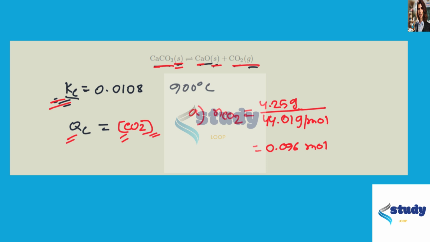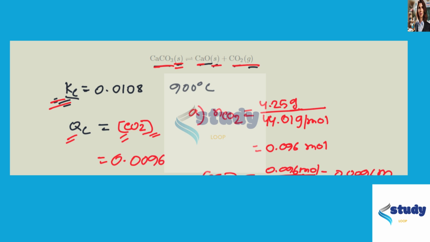Now we have to divide this number of moles by the volume of the reaction vessel, which is 10 liter, to get the concentration of CO2. As we know, concentration is number of moles over volume, so the concentration of CO2 will be 0.096 mole over 10 liter, which gives 0.0096 molar. That means the value of Qc is equal to 0.0096.